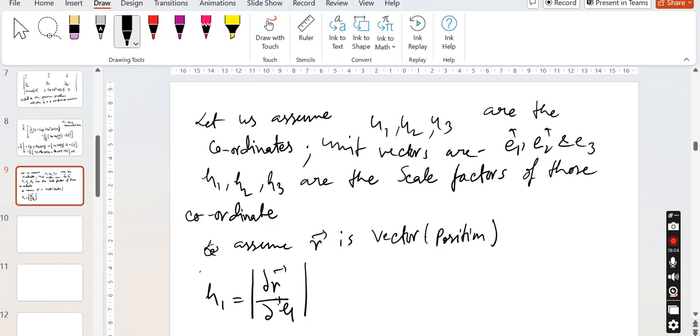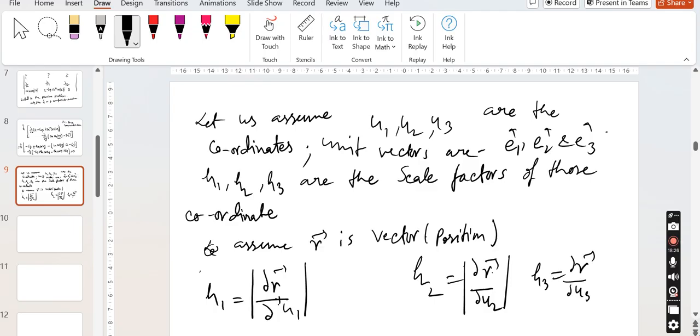H1 is del R by del E1, H2 is del R by del E2, and H3 is del R by del E3.